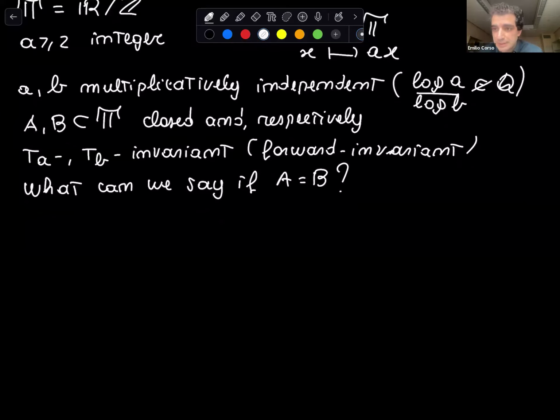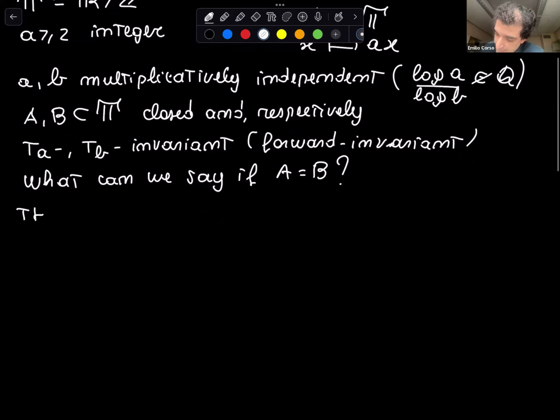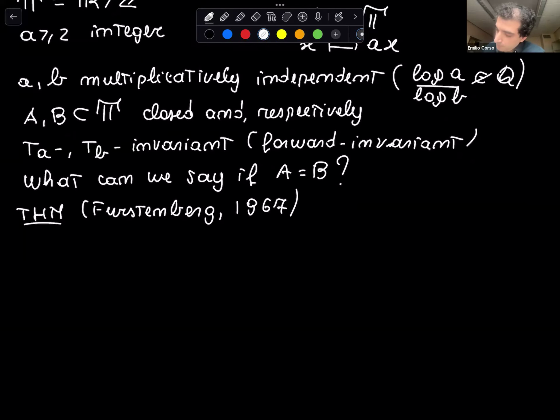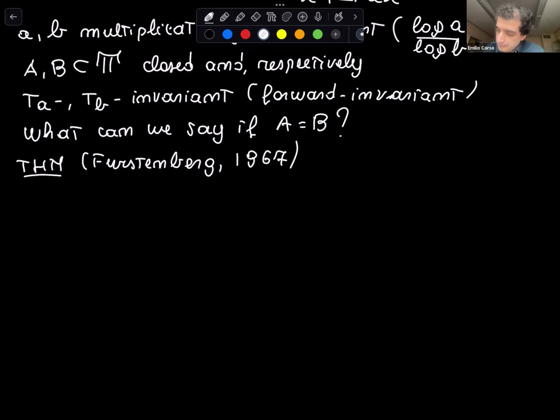So if we have a jointly invariant closed set, that's a very famous theorem of Furstenberg in 1967, that if A is equal to B, then either there are trivial invariant sets, which are, for instance, finite collections of rational points.